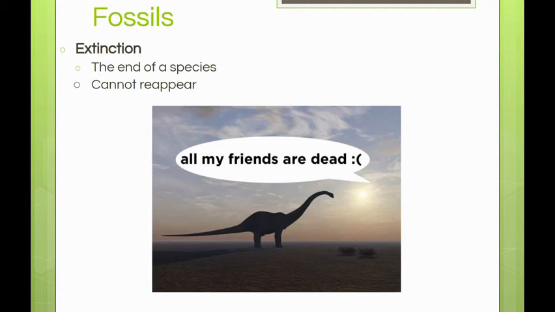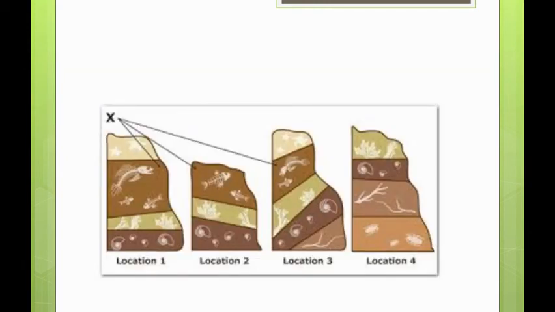And that is a really sad picture. So, as you can see here, if we know that this fish here lived during a certain time period, we can match that up with different locations to say that those various layers are around the same age. So that's basically rock dating.